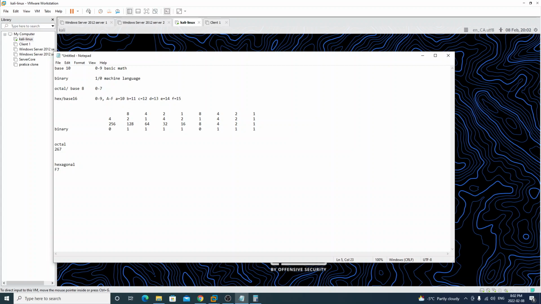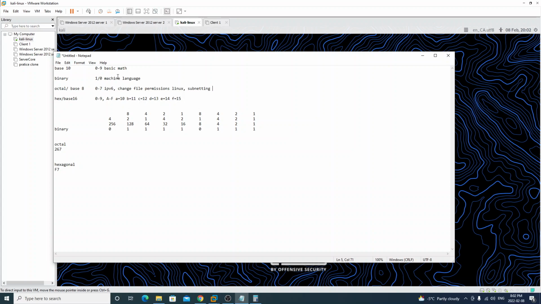Octal would be used in IPv6 addresses. It would also be used to change file permissions in Linux. And it would also be used in subnetting.